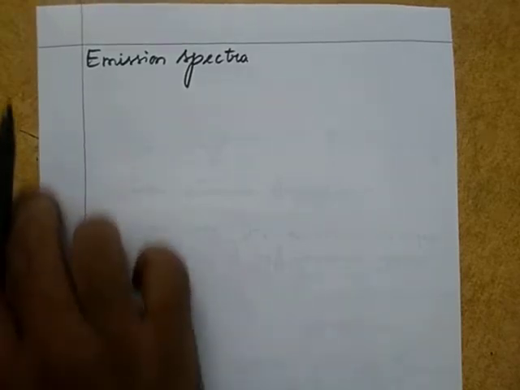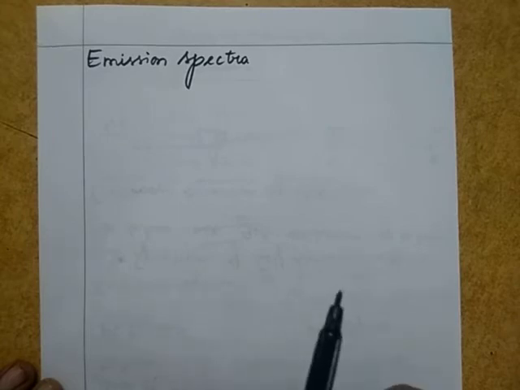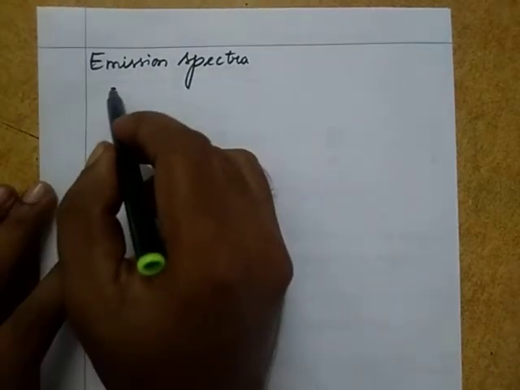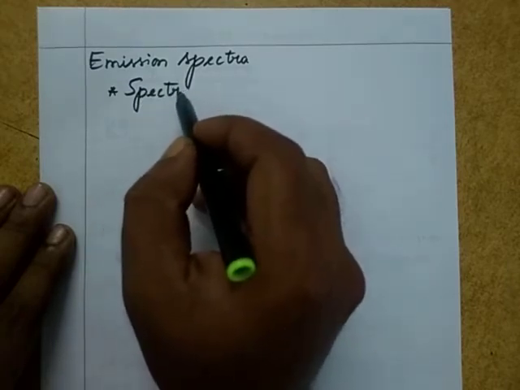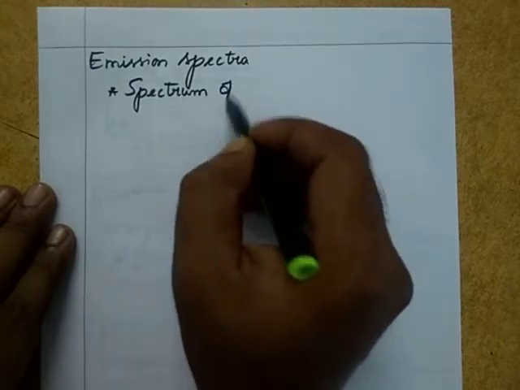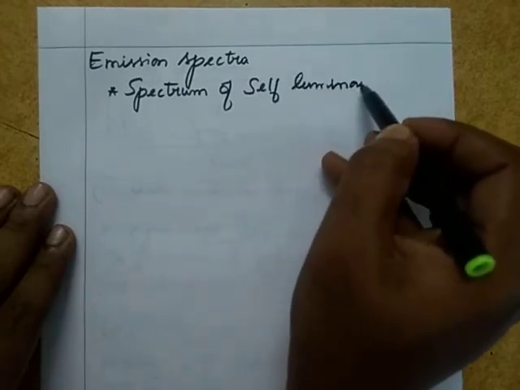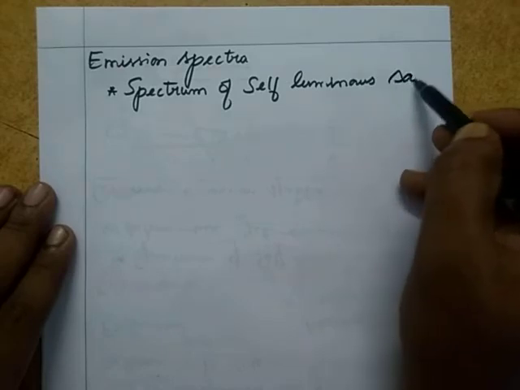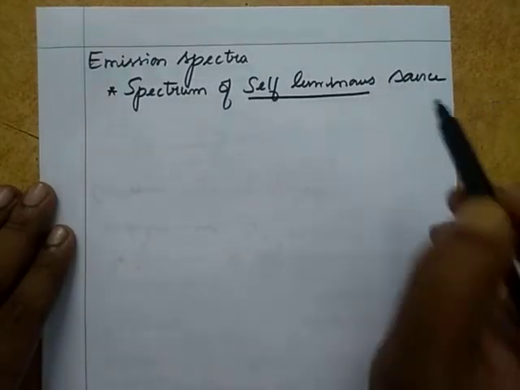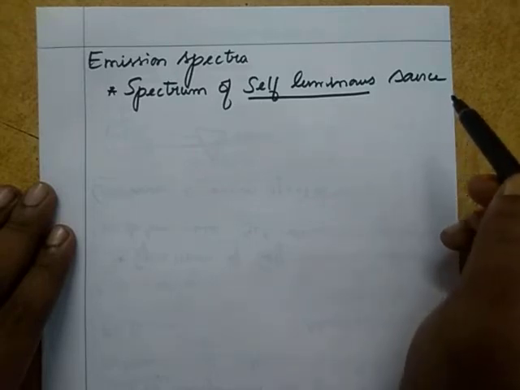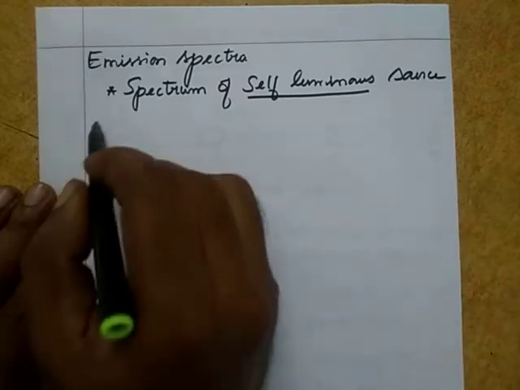Emission spectra: when the spectrum of a self-luminous source is taken, we get an emission spectra. Examples of self-luminous sources are the sun, an incandescent lamp, or a carbon arc.